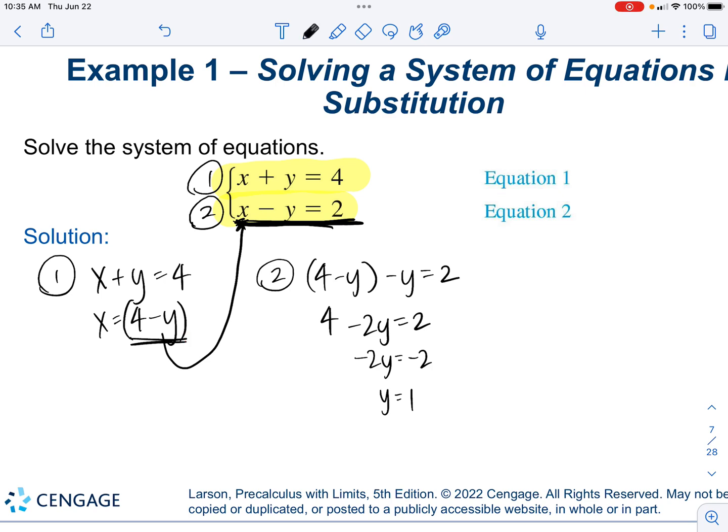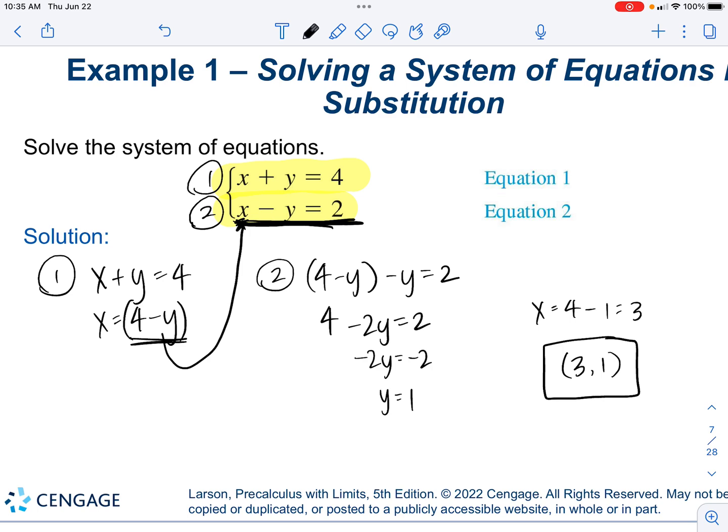Any of them will give you the same answer. So x equals 4 minus y, y is 1, so x equals 3. How I like these answers written is in an ordered pair. An ordered pair is x, comma, y, so it's 3, comma, 1. That would be my answer for example 1.